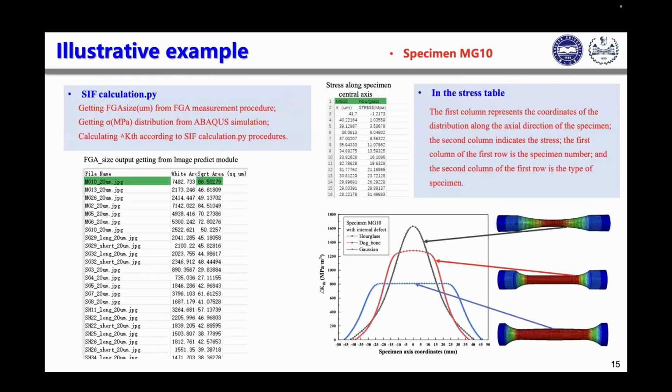And combining it with the FGA size we got from the actual OM images, the safe threshold distribution for the different types of specimens can be obtained ultimately.